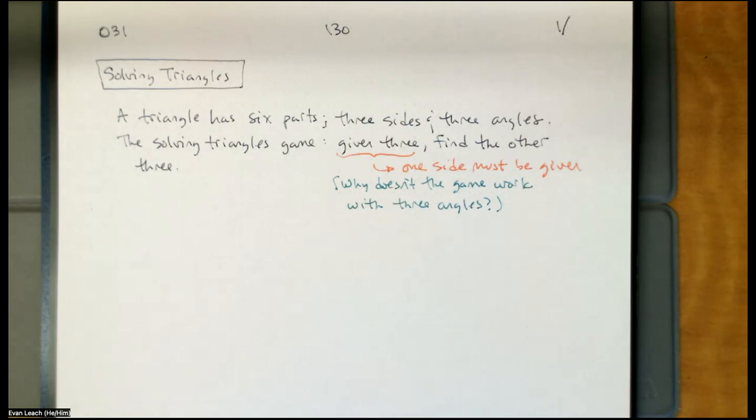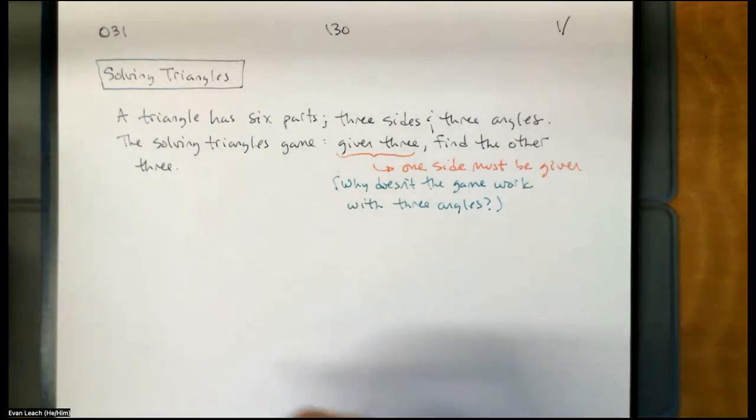The first version of this game that we're going to play is solving right triangles. I'm going to give you one of the pieces of information is that there is a right angle. So there are two versions of the game.